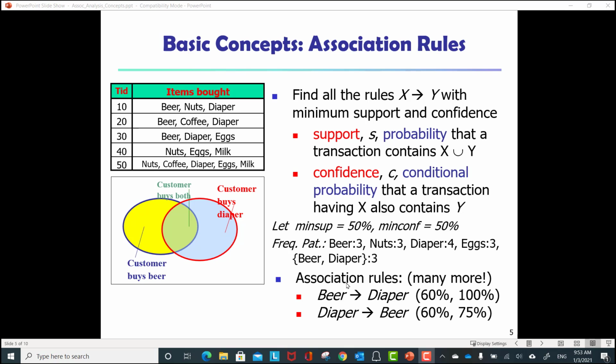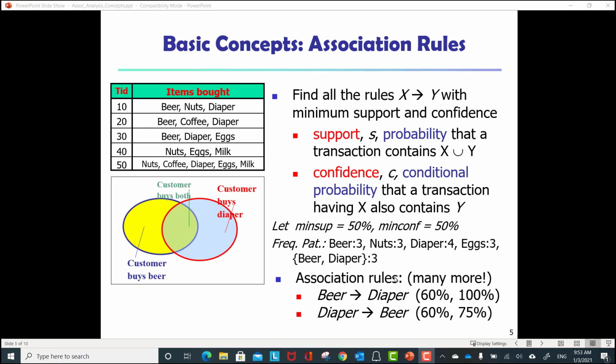To find the association rules, obviously, we need 2 item sets and higher. If you have only 1 item, there's no rule. When you have 2 item sets, 3 item sets, so any item sets where k is at least 2, then we will be able to find some interesting association rules.